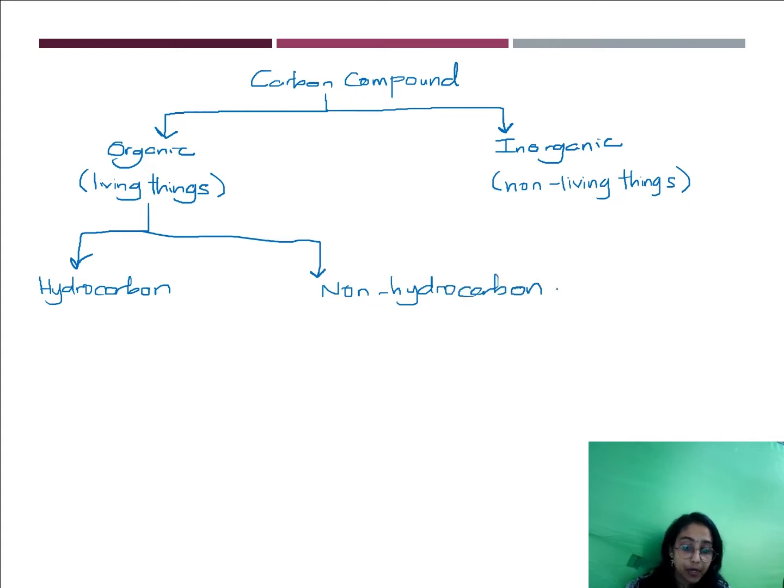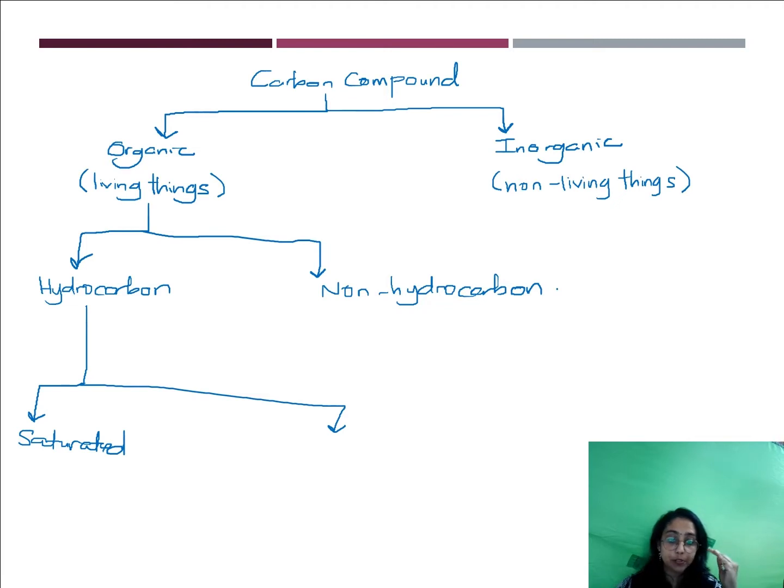And here is where you have to be very careful. Hydrocarbon can be split again into two, which are known as saturated and unsaturated. So all the 6 homologous series you have learned, you should be able to fit them into this classification.